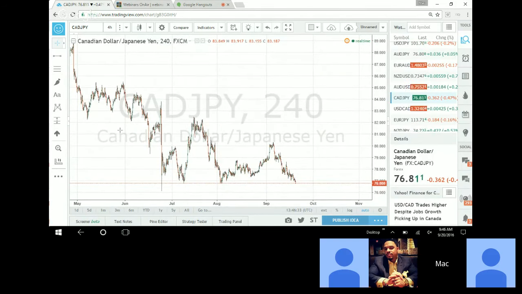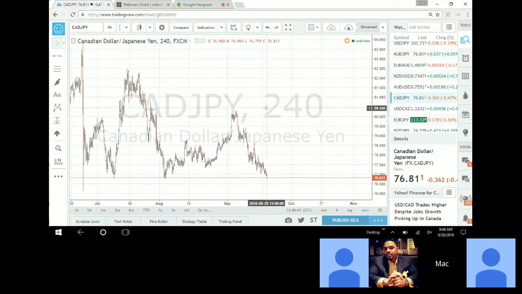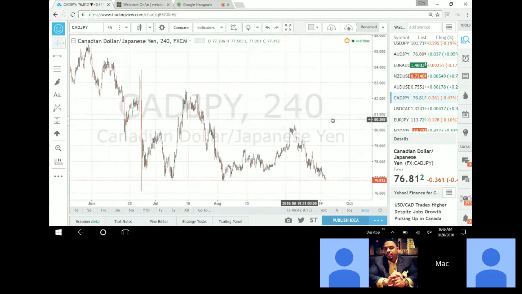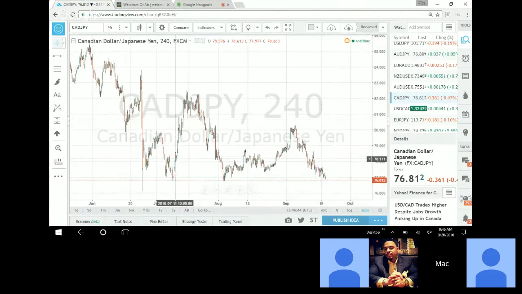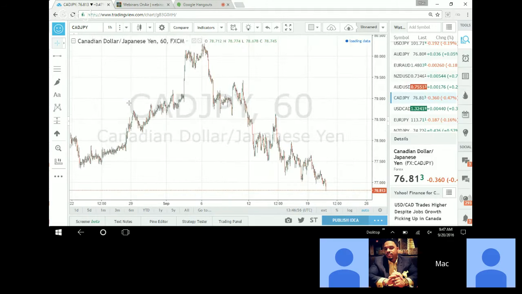All right, this is CAD JPY. This is a 4-hour chart, and as you can see, it's sitting at a strong support area each time price hit down here. So let's look at the 1-hour chart and see exactly where it's at. It's going to be a good long-term buy.